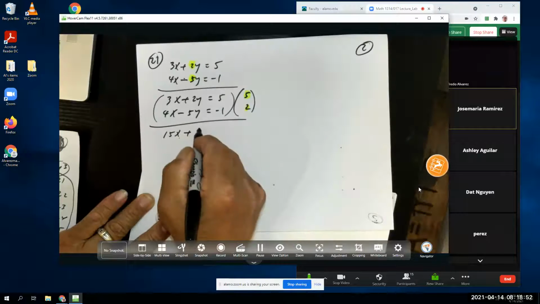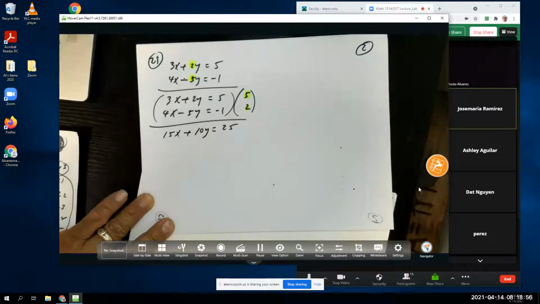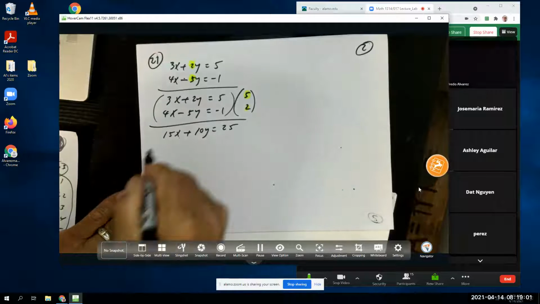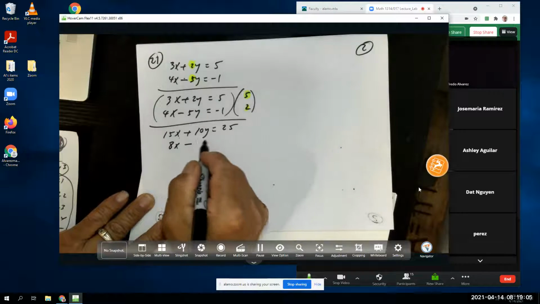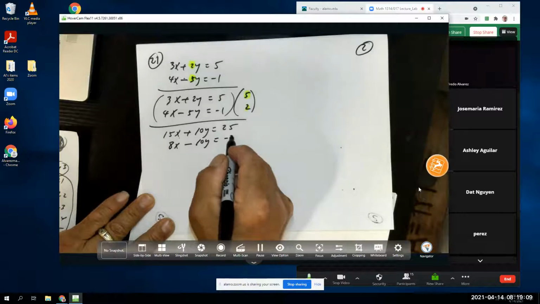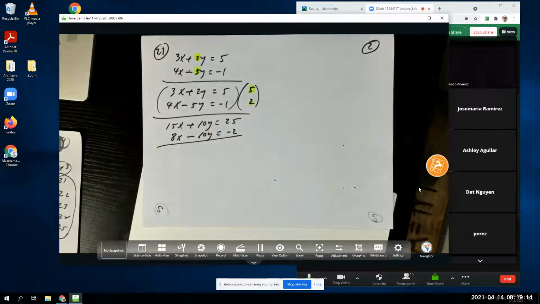Plus 5 times 2, 10y. And 5 times 5, is that 25? Yes. The second one, everything by 2, right? That's going to be 8x minus 10y equals -2.